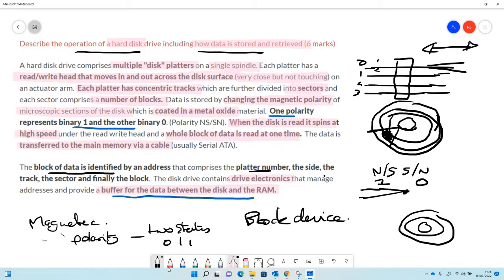Because it's a disk, it needs to spin so that we can find the right bit on the disk. And we've got the read-write head. If we can't remember that it's a read-write head, it doesn't matter. We could say that it's read by an arm that moves in and out across. You'll probably still get the points for that. So that is a model answer for the principle of operation of a hard disk.